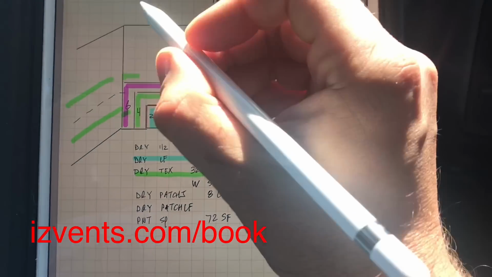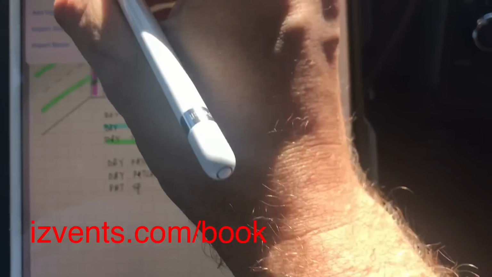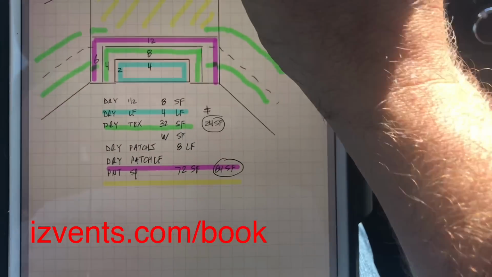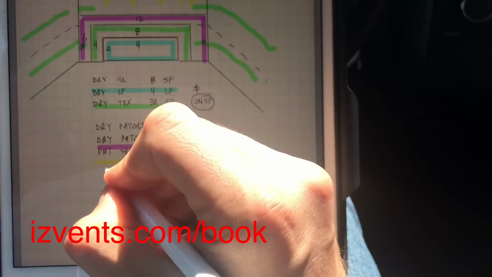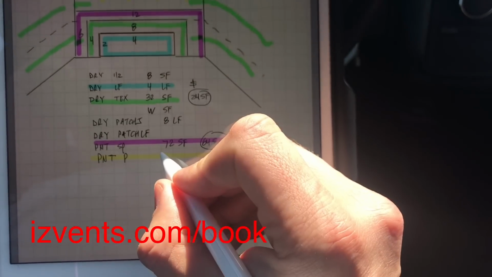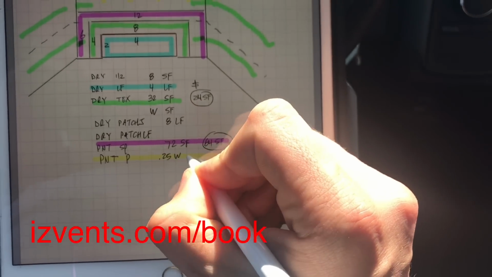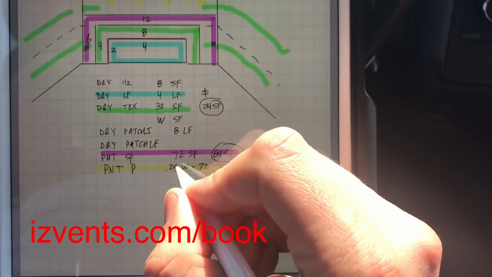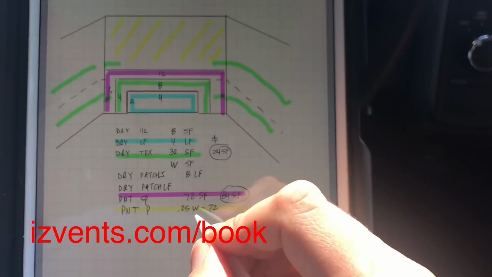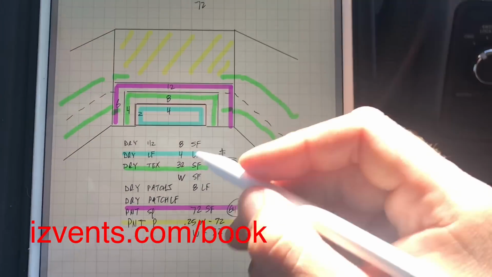Now, this area here is blend in. PNTP, which is your 1 coat, and you could do 0.25 wall minus 72, because you're accounting for what you've already painted in that seal paint, or if you're trying to make the case that all the walls need to be painted, wall minus 72.